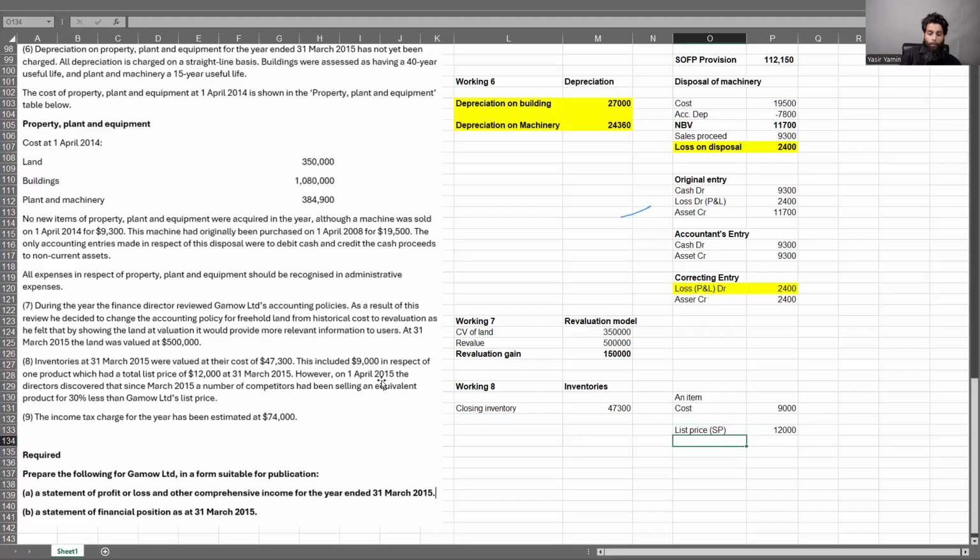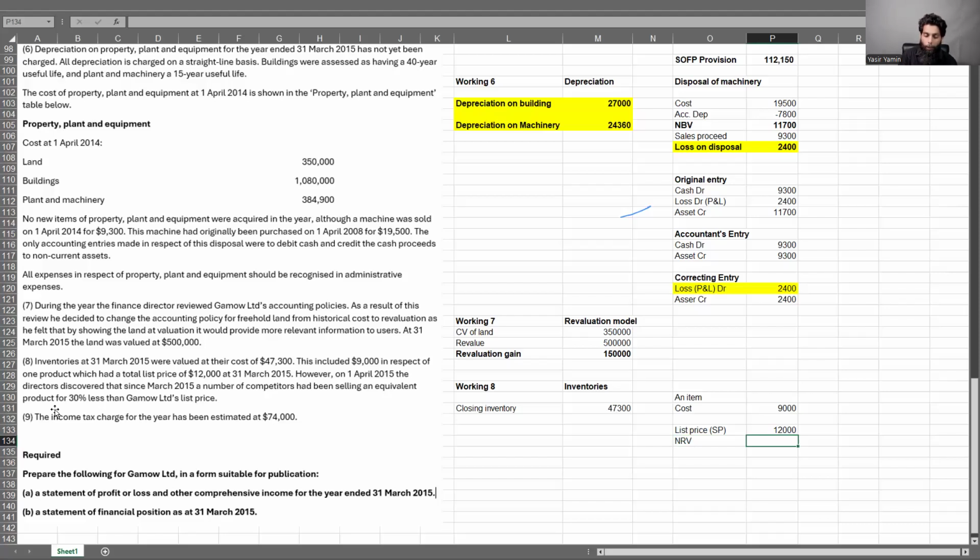However, on 1st April 2015, the directors discovered that since March 2015, a number of competitors had been selling an equivalent product for 30% less than Gamow's list price. Shouldn't we be calculating NRV, net realizable value? If the competitors are offering 30% discount, most likely we will only be able to recover the discounted price from the market.